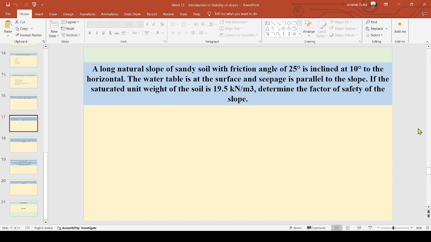The water table is at the surface and seepage is parallel to the slope. If the saturated unit weight of the soil is 19.5 kilonewton per meter cube, determine the factor of safety of the slope. I hope the question was clear. I'll go to the next question.